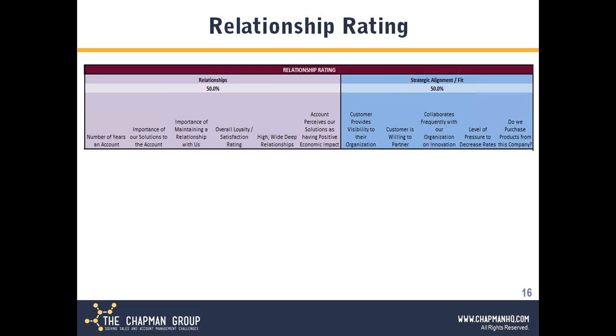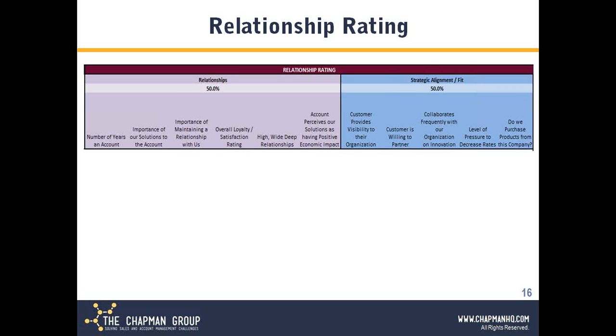And even to the point where, with overall loyalty and satisfaction ratings, a lot of organizations today are integrating their voice of the customer into the segmentation model. I think that's a very, very important point, because that really gives us a view directly from the customer. Do they really want to have a relationship with us? What do they perceive this relationship to be?